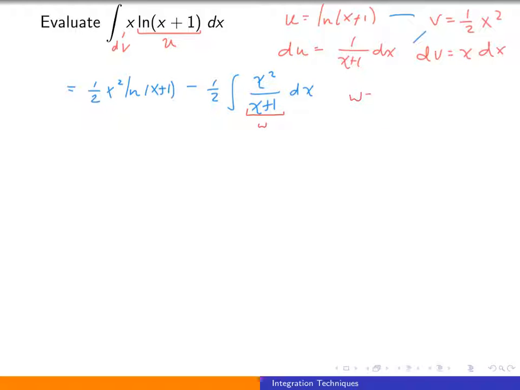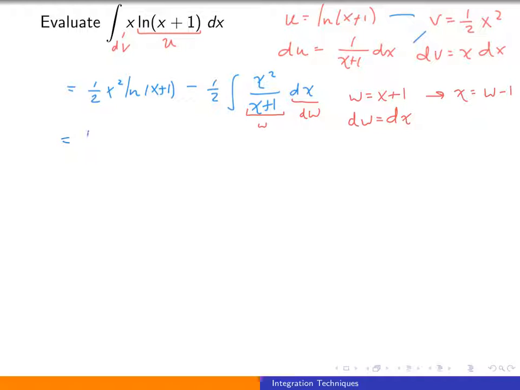So if we let w be x plus 1, dw is equal to dx, so the dx would become dw. And the last thing we'd have to do is take care of this extra x that we have in the integrand. Looking at our substitution, though, we see that x is equal to w minus 1.